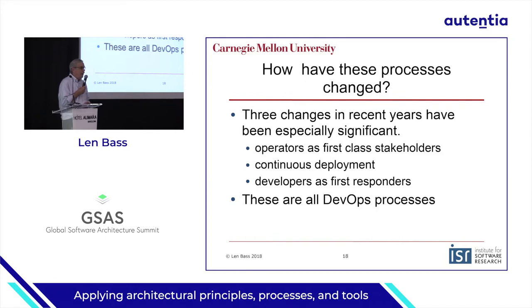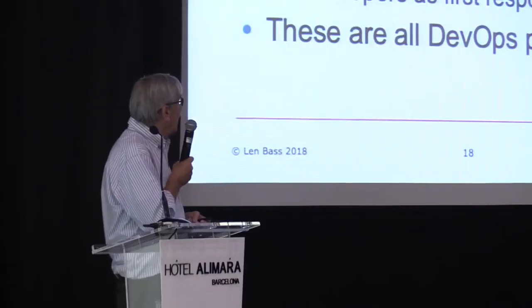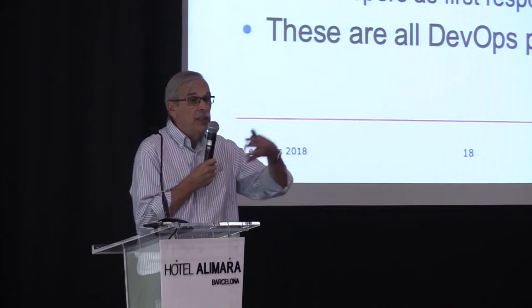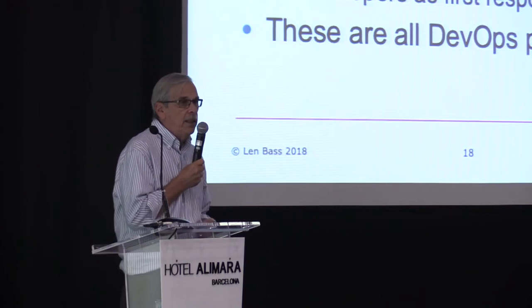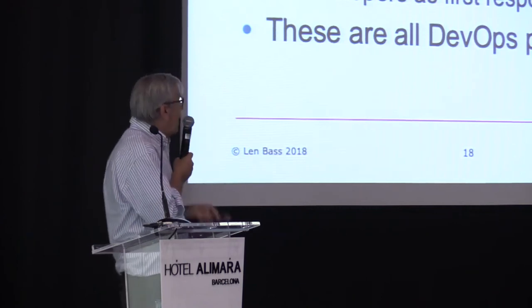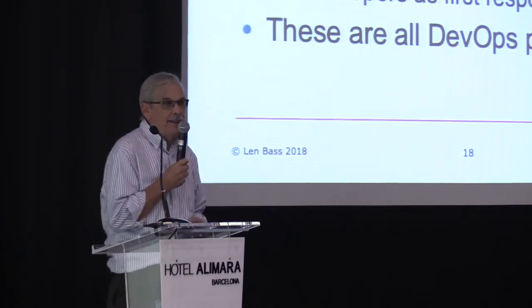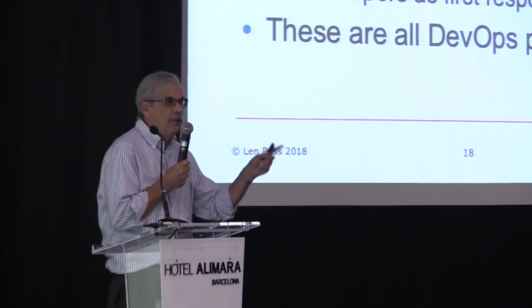But then eventually I got bored with that and moved into DevOps. And so now all of a sudden I can talk about DevOps and architecture, and how DevOps changes the kinds of requirements that you have. So one of the things that's happened these days is that operators are first-class stakeholders. That didn't used to happen. You just sort of ignored the operators.